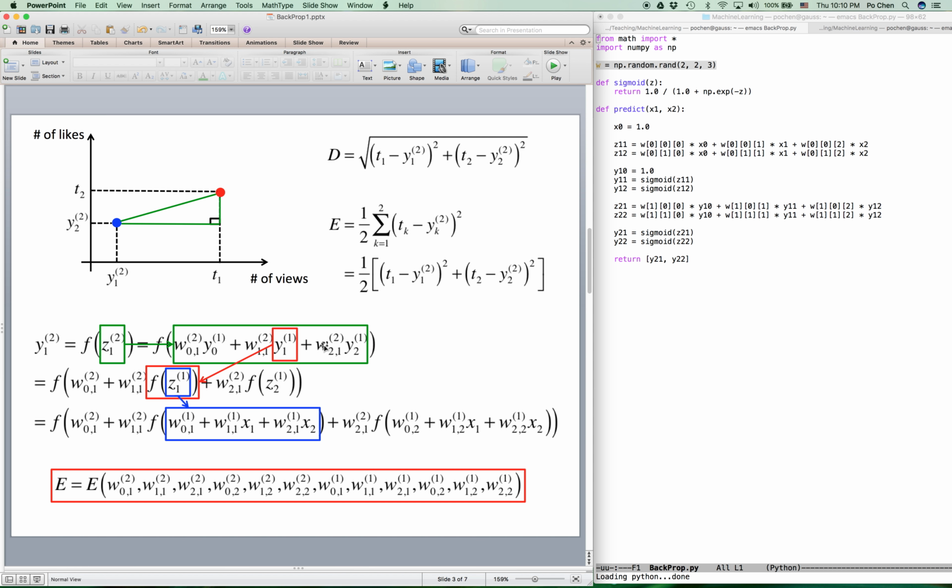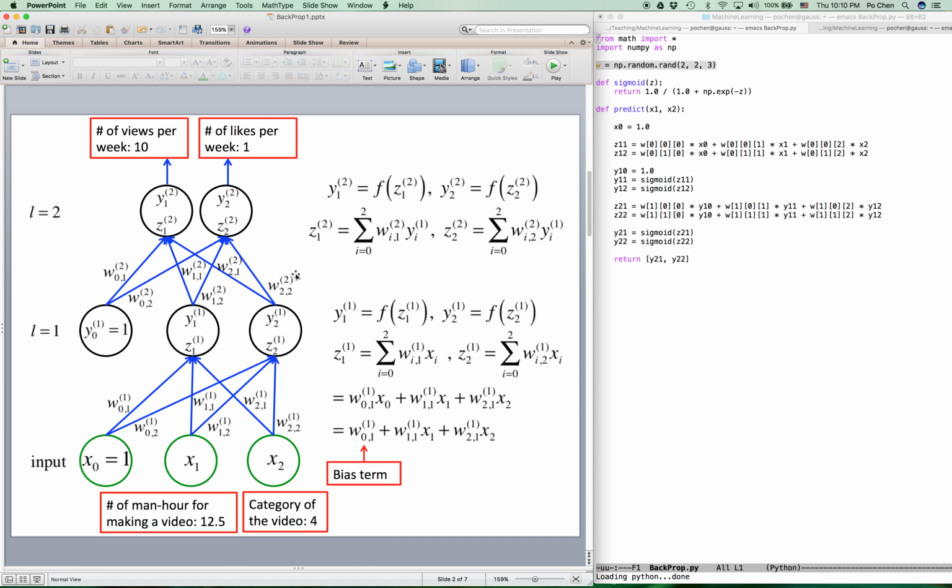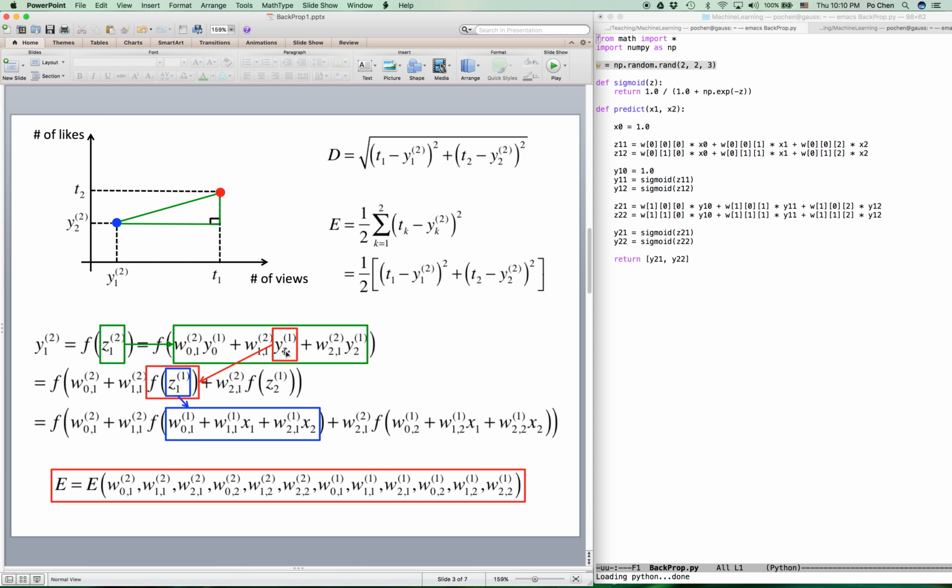Y11 is the neuron output from this particular neuron, and Y11 was computed by applying the sigmoid function to the logit Z11. So Y11 can be replaced with f(Z11), applying the sigmoid function on Z11, right? So the stuff inside this red box can be replaced by the stuff inside this red box, that is, applying f on Z11.